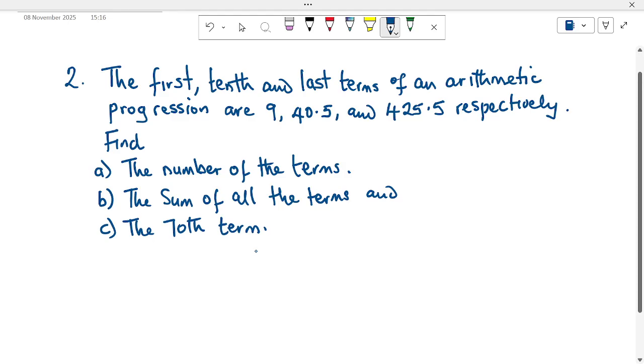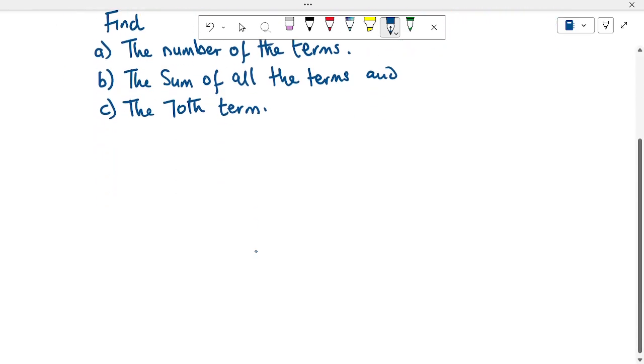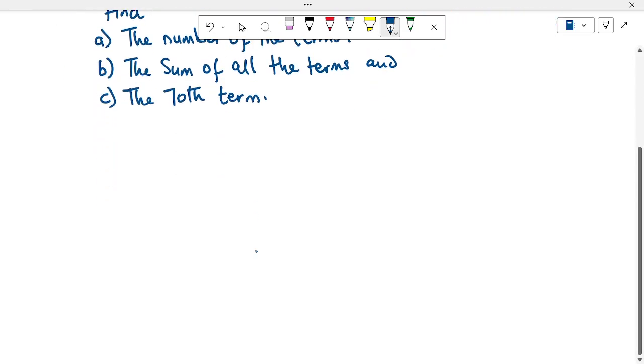Look at the question very well. Let's go on to solve the question. So we move to solution.